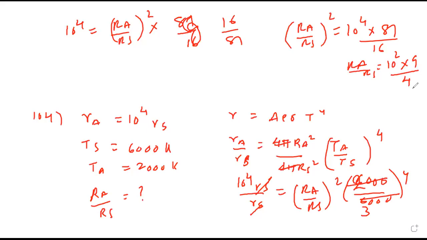That is option number 2. That is 100 into 9 by 4, so 900 is to 4, or 225 is to 1.